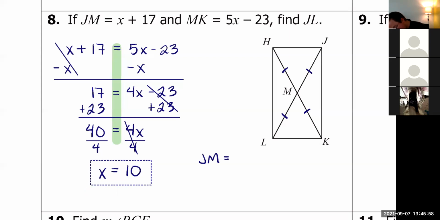So JM equals x, which is 10, plus 17, which equals 27. JL is twice as long, so 2 times 27 gives me 54.